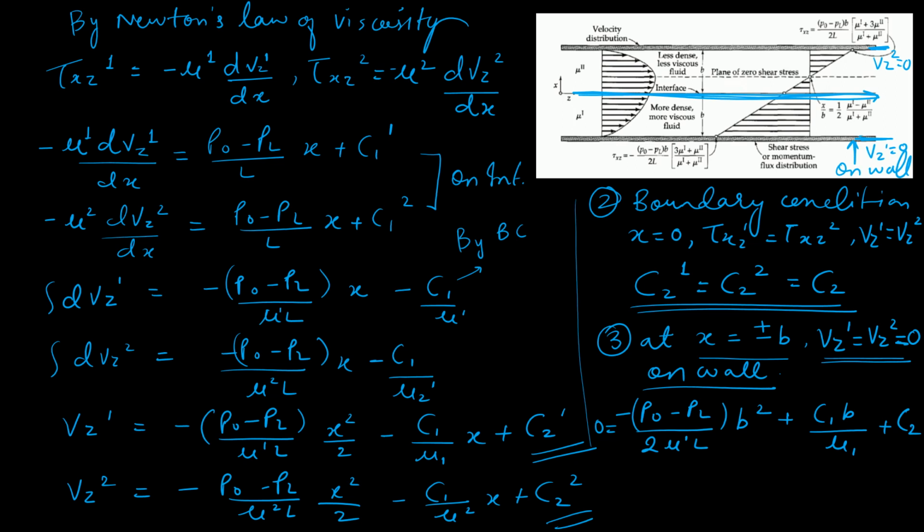Similarly, for fluid 2, minus (P naught minus PL) upon 2 mu2 L b square plus C1 b upon mu2 plus C2 equals 0.